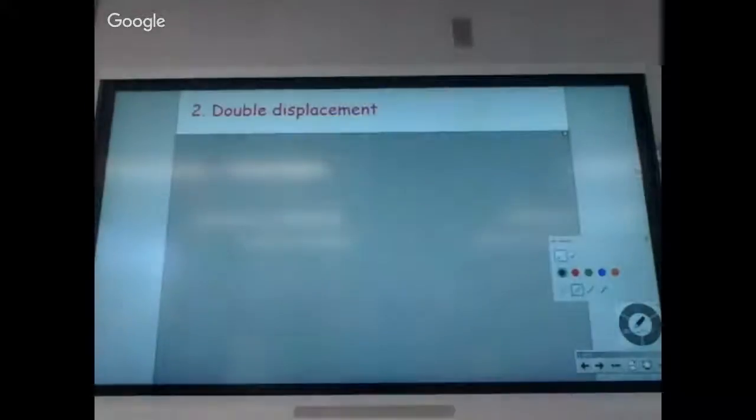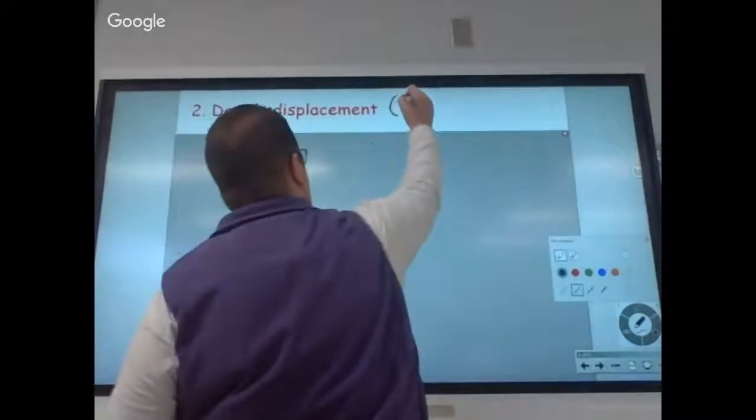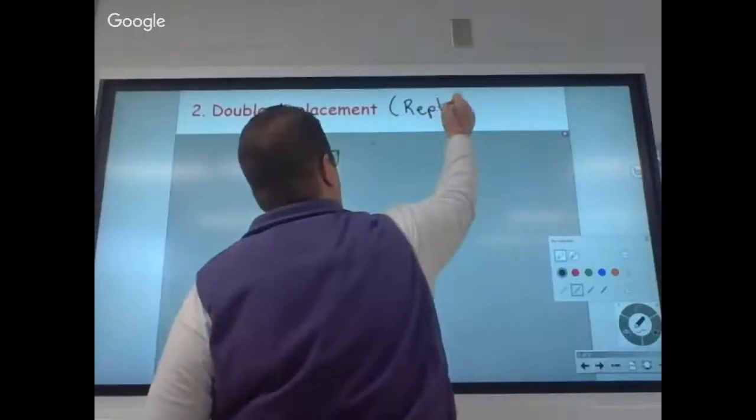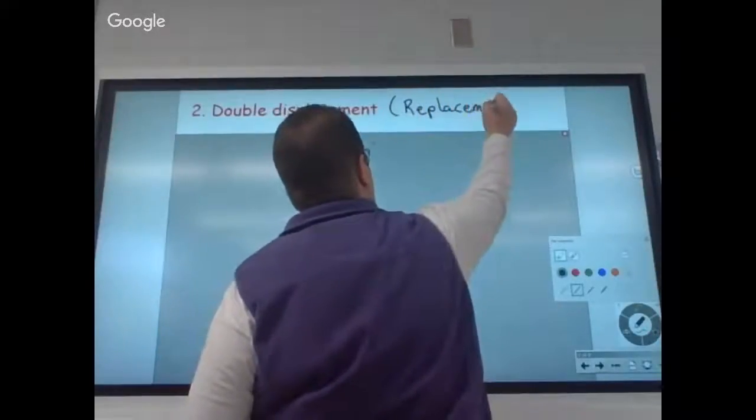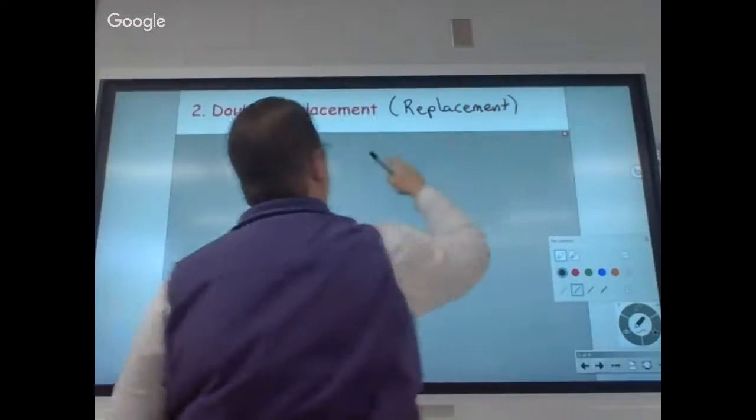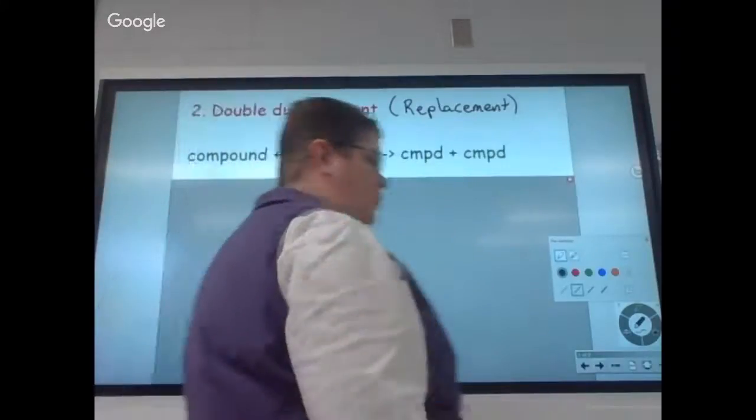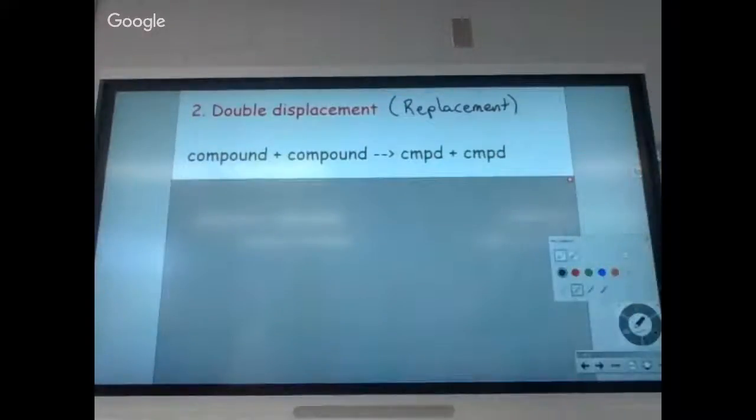All right, the second type is called double displacement. So, its other name is replacement. Now, this one has a compound plus a compound, and you get a compound plus a compound. What makes this one different from the last one? There's no elements.